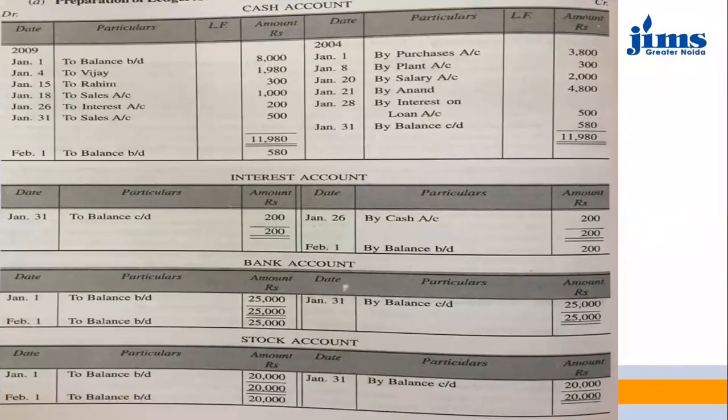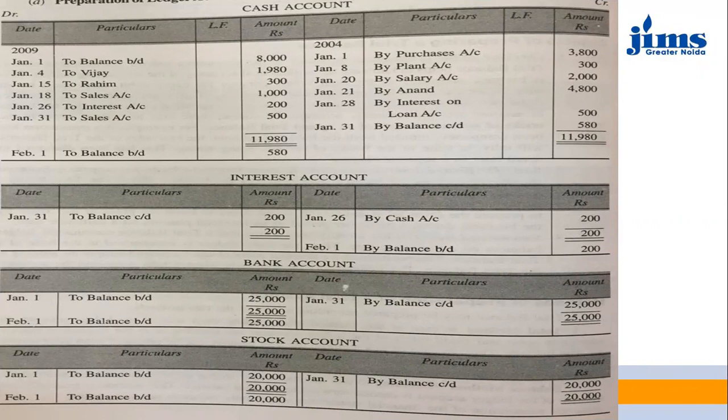Again I'm repeating, entry is cash account debited, discount account debited to Vijay. So cash account is getting debited with 1980. So we'll go to the debit side of the cash account, 4th January, to Vijay. Vijay is getting credited. So to Vijay, 1980 is appearing on the debit side.